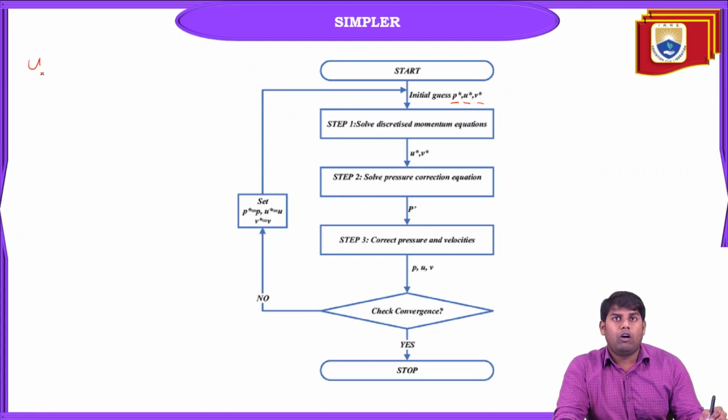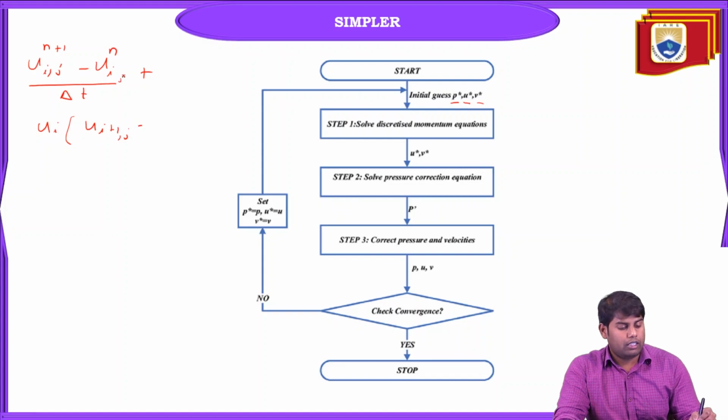So we have u of i comma j to the power of n plus 1 minus u of i to the power of n divided by delta t, plus u of i comma j into u of i plus 1 comma j minus u of i comma j divided by delta x.